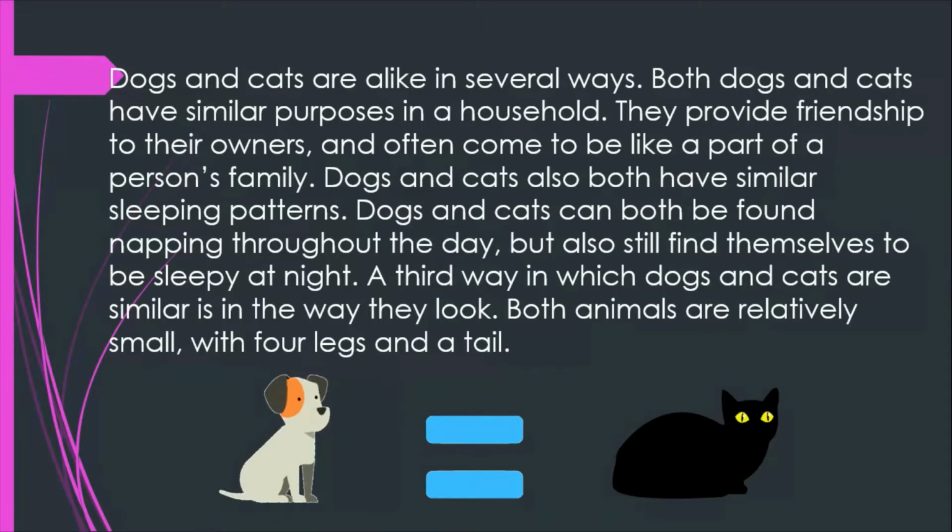Dogs and cats can both be found napping throughout the day, but also still find themselves to be sleepy at night. The third way in which dogs and cats are similar is in the way they look. Both animals are relatively small with four legs and a tail.